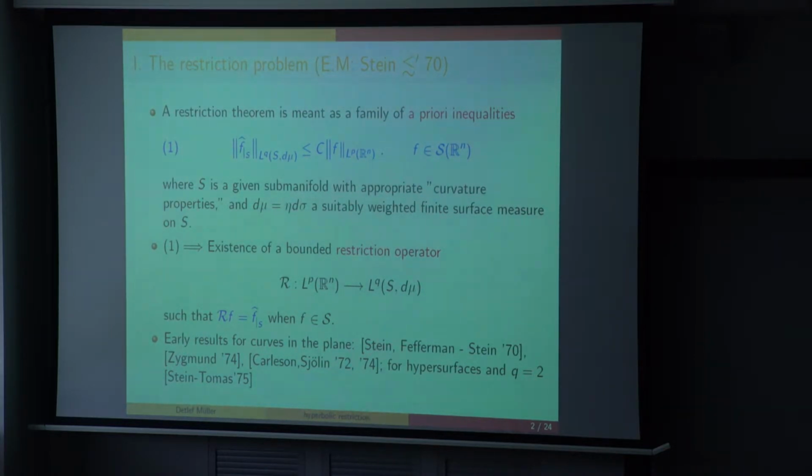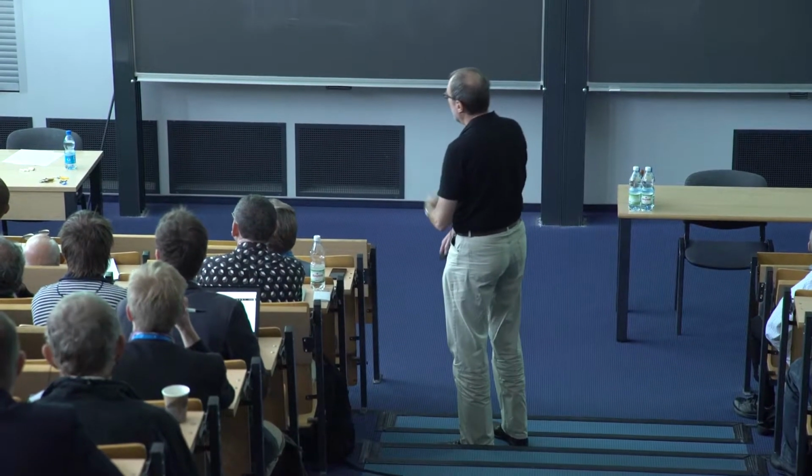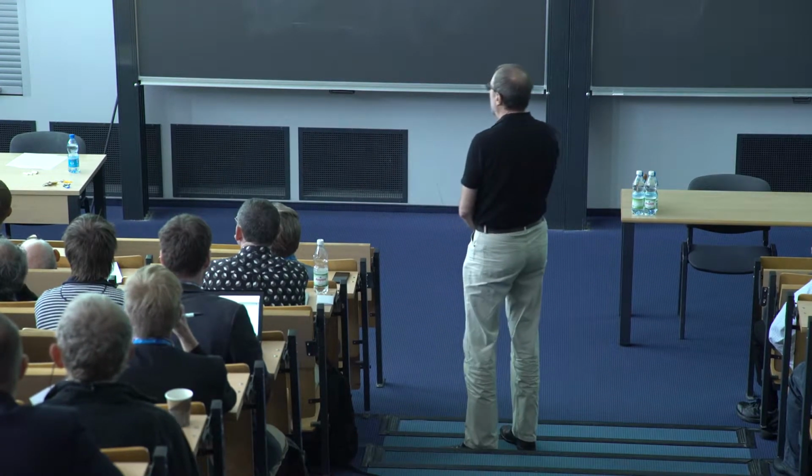And if you have such an estimate like (1), then of course this yields a bounded restriction operator R from L^p of R^n to L^q of the hypersurface S, with respect to the surface measure dμ. And so the whole story began a long time ago with very important work by Eli Stein, Fefferman-Stein, Zygmund, Carleson, and so on for curves. That was the first case, and then the celebrated Stein-Tomas estimates, which were L^p-L^2 estimates, were very influential.